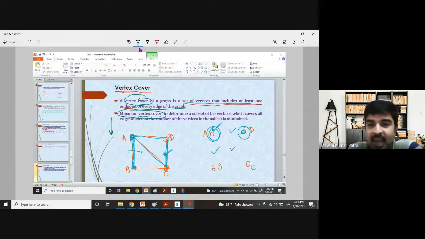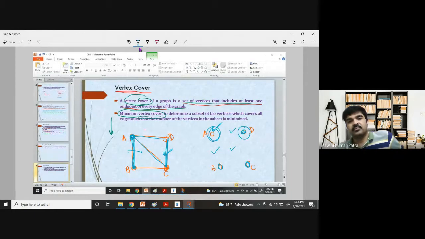Cover means what? I have to choose the vertices in such a way that all the edges will be covered. Now what is the left one? BC. In BC, I have to choose either one. I suppose I choose B. You can choose C also.